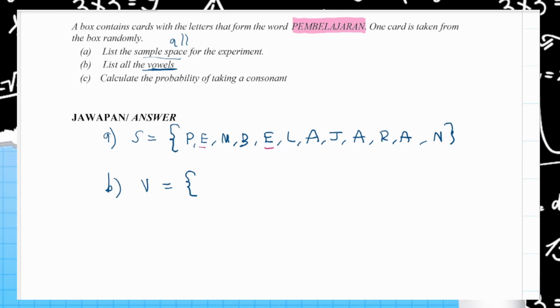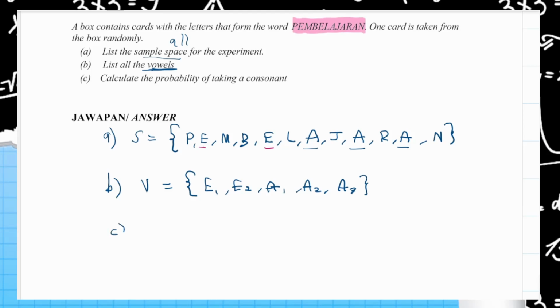You can differentiate your answer by putting E1, then E2, because you want to differentiate between the two. Then for A, we also have 3 A's, so you can label them as A1, A2, and A3.